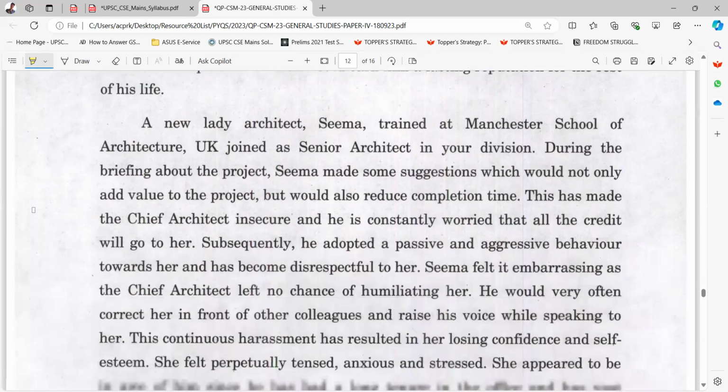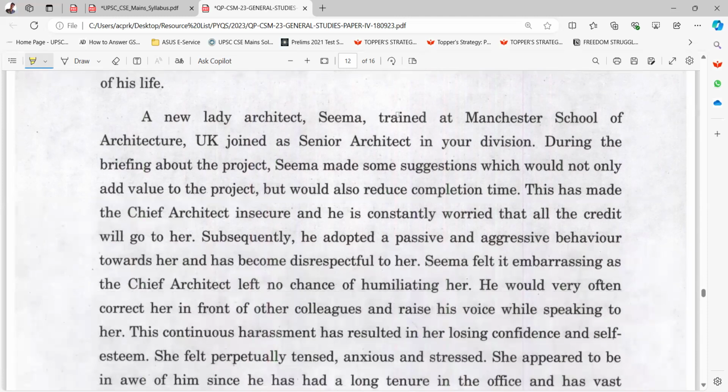A new lady architect, Seema, trained at Manchester School of Architecture, UK, joined as a senior architect in your division. During the briefing about the project, Seema made some suggestions which would not only add value to the project but would also reduce completion time.